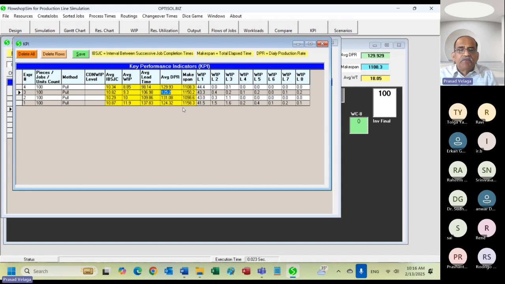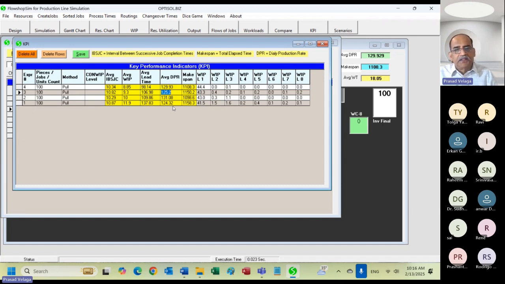What I wanted to show you basically is that at higher WIP limits, the advantage of reducing variation is not much. But when the WIP limit is low, the effect of changing that variation is more prominent. That's what I wanted to show you.